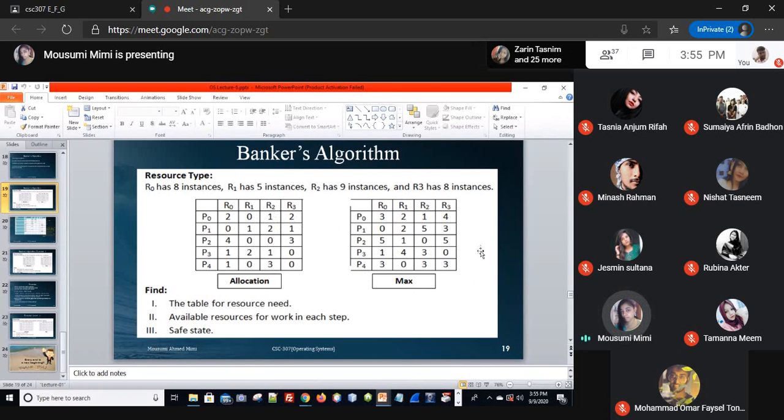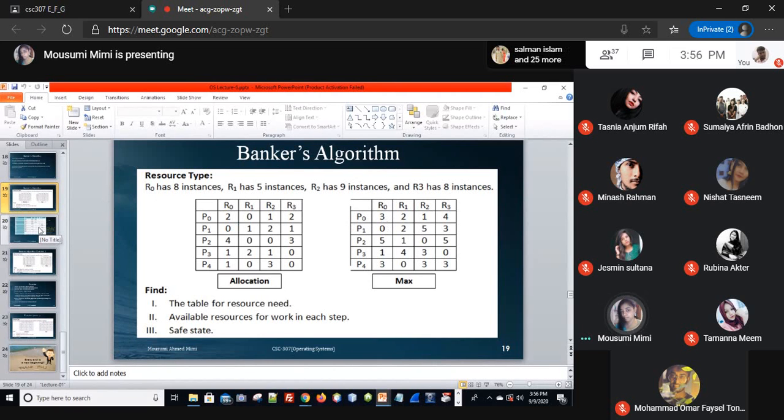And the maximum table gives the boundary for each of the processes, that is, the boundary when it takes resources. So the maximum boundary for process 0 is that it can take a maximum of 3 elements from resource 0, not more than 3.